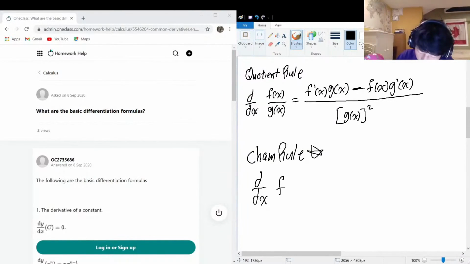What I mean by that is, instead of just f of x, the argument to f is another function g of x. So the chain rule for this is going to be you have to multiply by the derivative of the internal function.